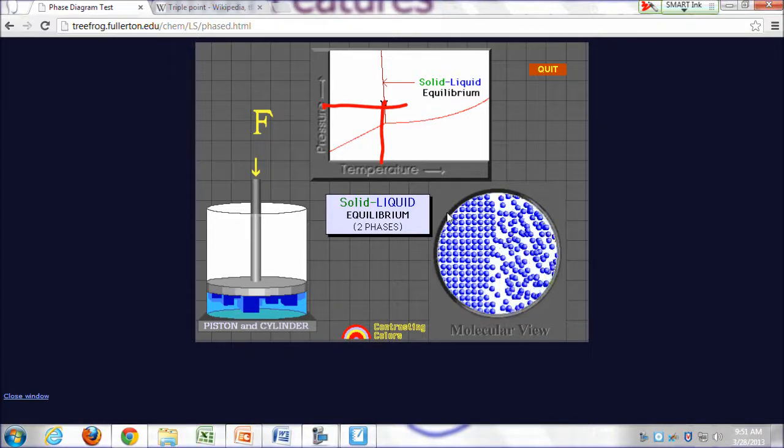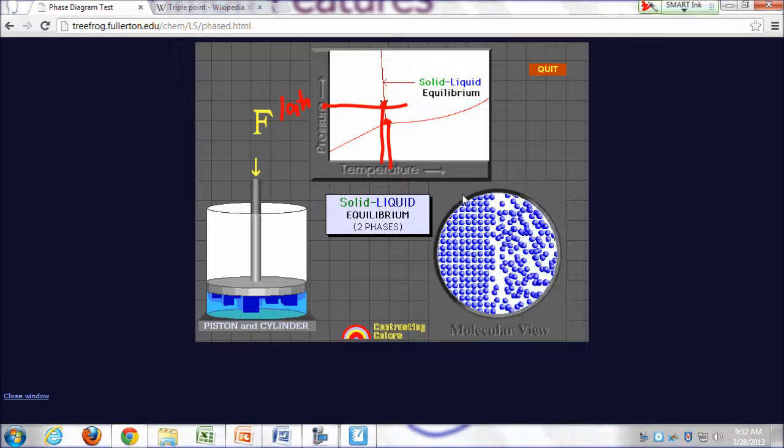So in the case of water, that's going to be at 273.15. Look, it's below the triple point. The temperature of the triple point is 273.16. So if this is at 1 atmosphere pressure, that would be the melting point or the freezing point of water at 1 atmosphere. That's called the normal melting point or the normal freezing point.